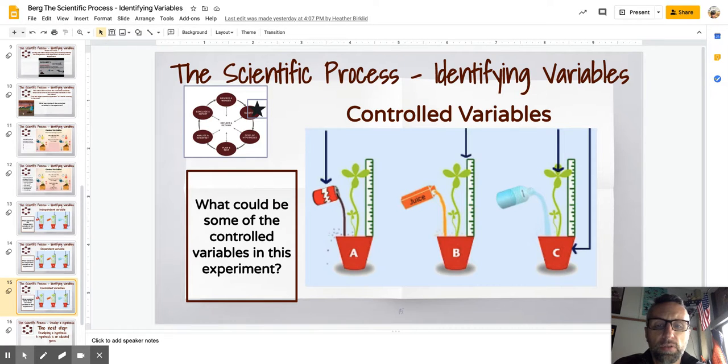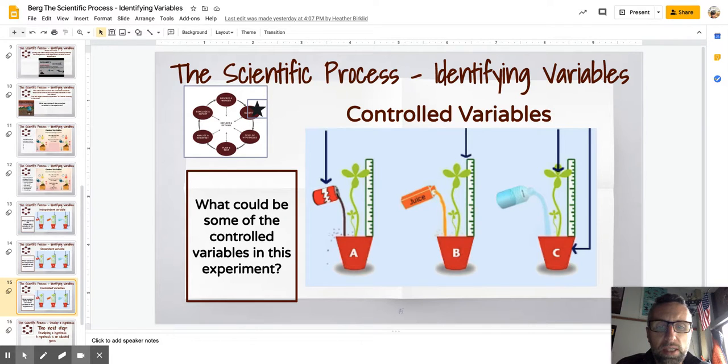And lastly, controlled variables, anything that needs to stay the same. Would the amount of liquid poured be a controlled variable? Think about that. We know that the independent variable is the type of liquid, but would the amount be a controlled variable? Turns out, yes, it is. It wouldn't be fair to put 20 milliliters of Coke in and 80 milliliters of water.